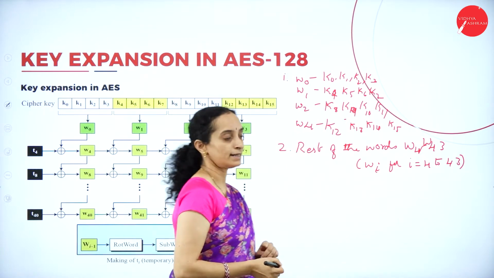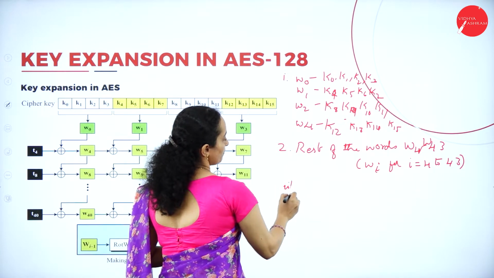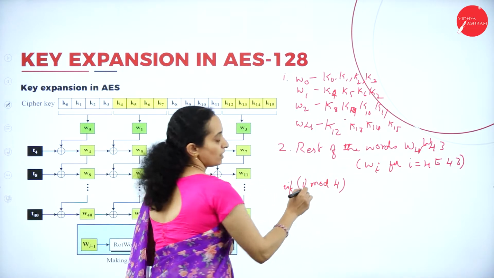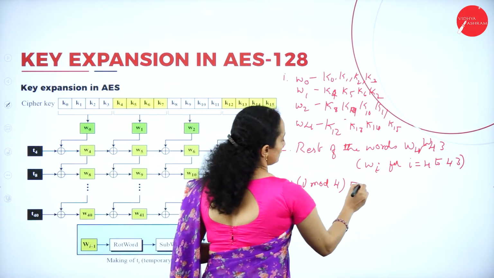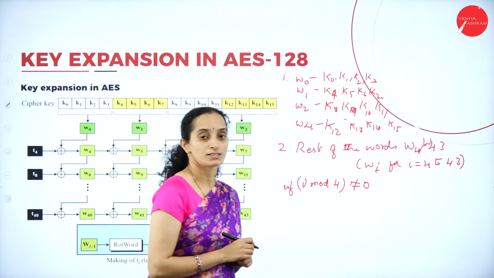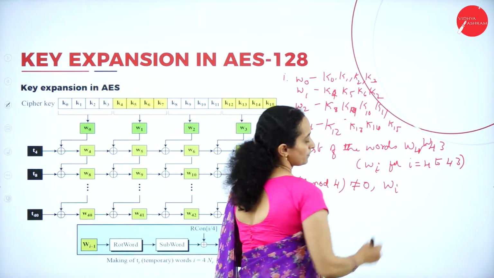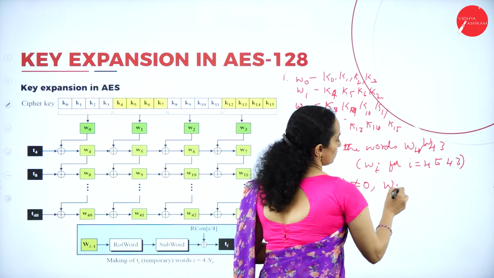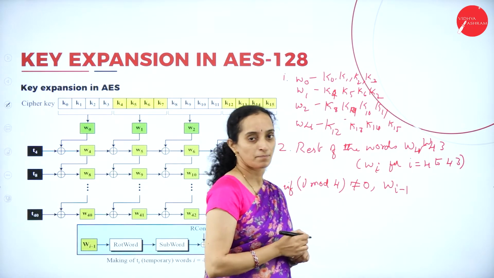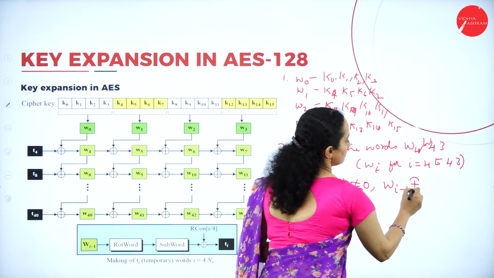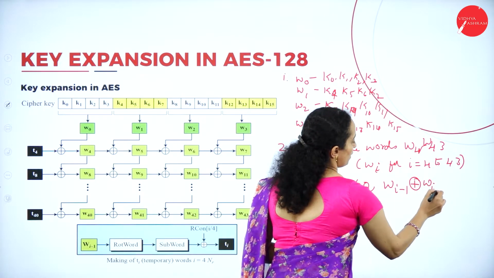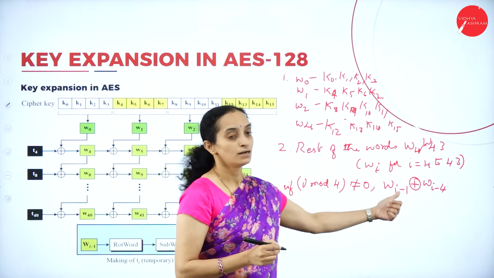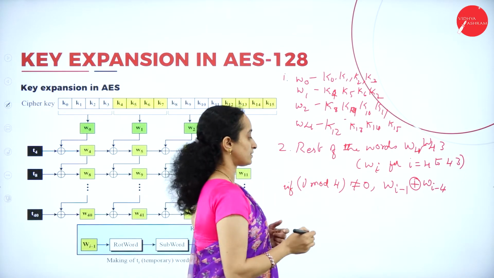If i mod 4 is not equal to 0, then W[i] equals W[i minus 1] XORed with W[i minus 4]. We follow this expression to generate the next word in the next round.